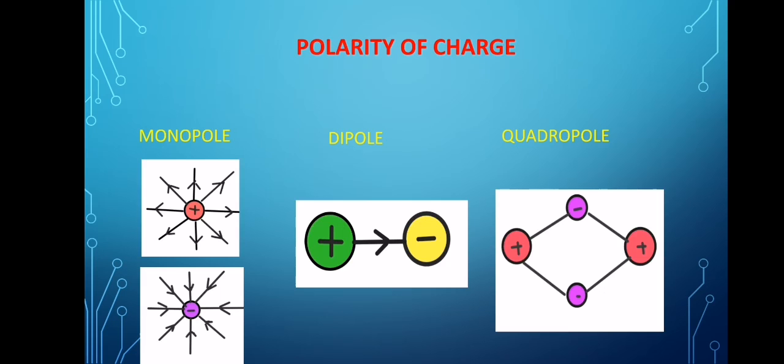When two equal and opposite charges are separated by a constant distance, they form a dipole. When two dipoles are arranged in such an arrangement, they form a quadrupole. There are other poles, but these three poles are mostly used in physical systems.